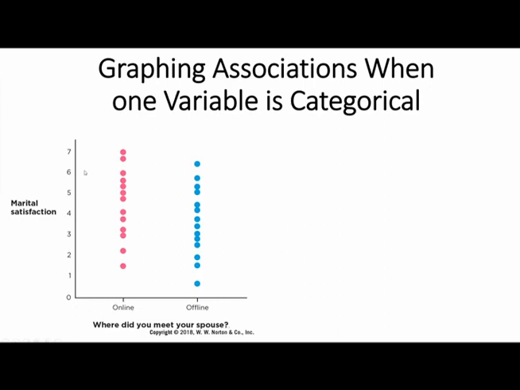Our marital satisfaction is a quantitative variable where we have a continuous quantity here. But where they met their spouse, they have two options. They could have done it online or offline. And so that's going to be categorical. You're divided into two possible categories.